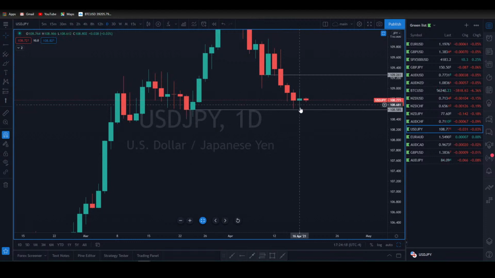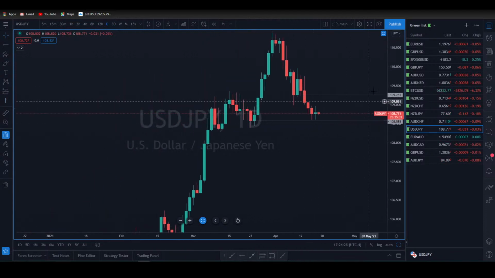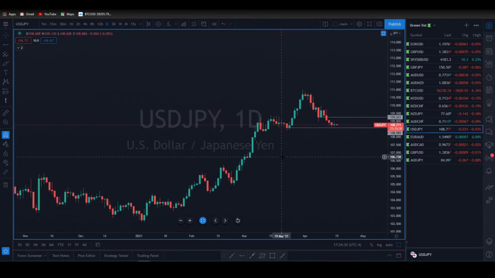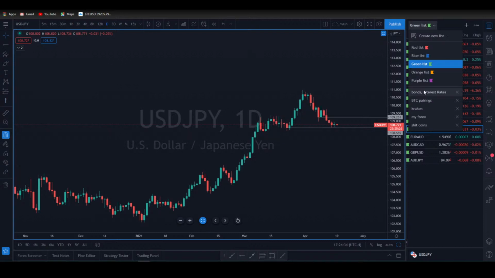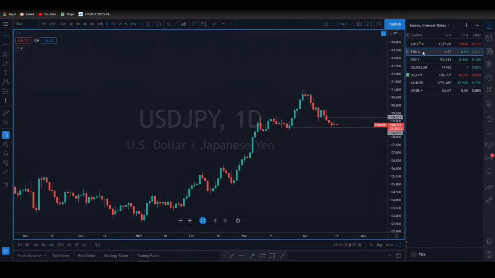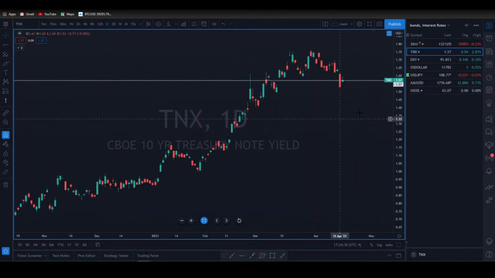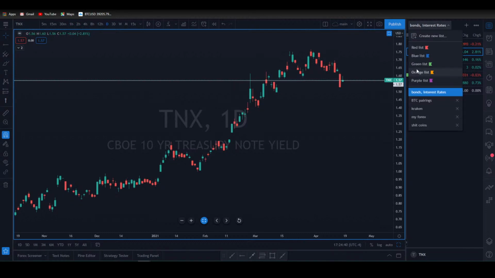You can see you almost got beautiful tests of that level with closes back off the level. So somebody's buying it up down here. Is this thing going to take off to the upside again? We don't know. As far as what we do know is the United States dollar, with the interest rates rising, right? It's almost up to 2%. We do know that the Japanese yen is negative.